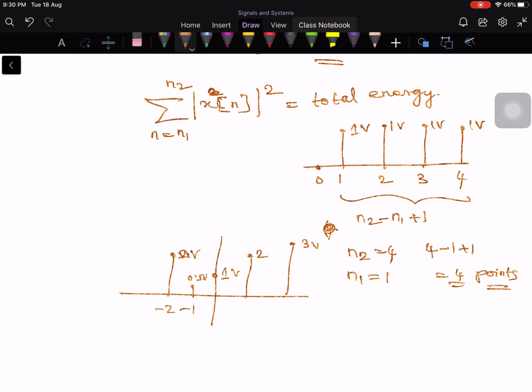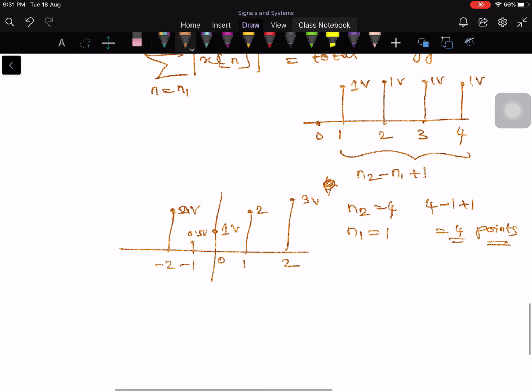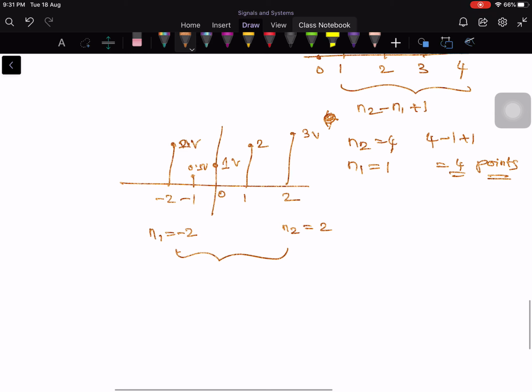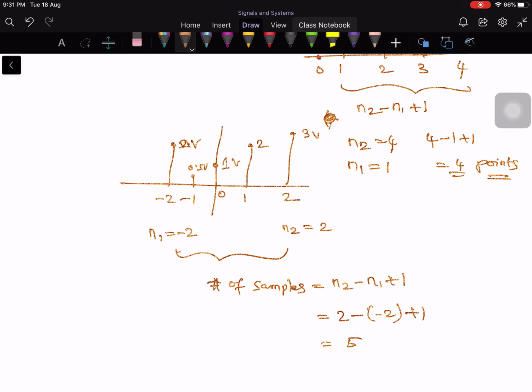This is minus 2, minus 1, this point is 0, 1 and 2. Now what is the n1 value? n1 equal to minus 2. What is the n2 value? 2. So the number of samples in this interval is equal to n2 minus n1 plus 1. What is n2? 2. What is n1? Minus 2, plus 1. So 2 plus 2 is 4, 4 plus 1, 5 points.